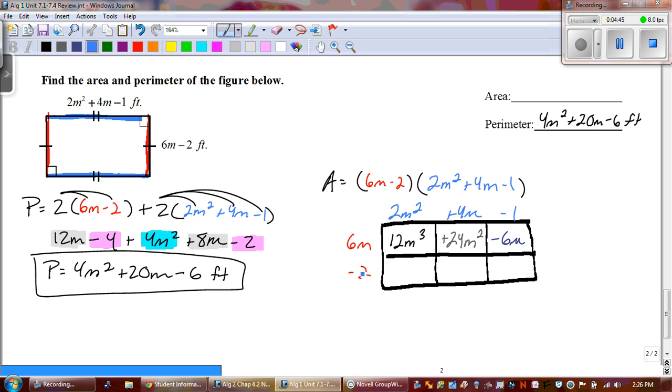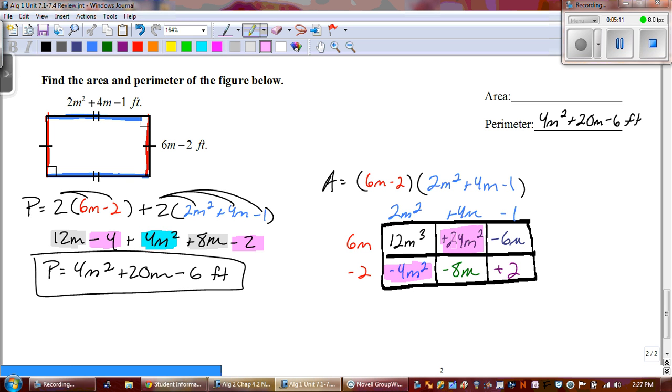Negative 2 times 2 gives us negative 4m squared. And then negative 2 times 4 gives us negative 8m. And then negative 2 times negative 1 gives us positive 2.